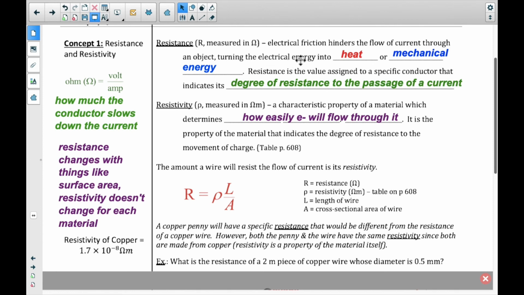So resistance is R, measured in ohms. It is electrical friction that hinders the flow of current through an object, turning electrical energy into heat or mechanical energy. Resistance is the value assigned to a specific conductor that indicates the degree of resistance to the passage of a current. So you've learned that current is kind of like water flow.